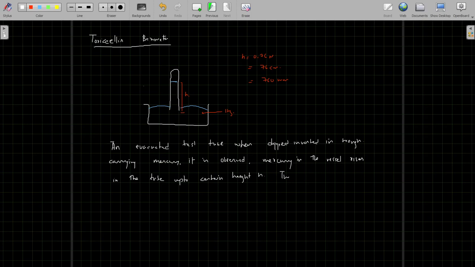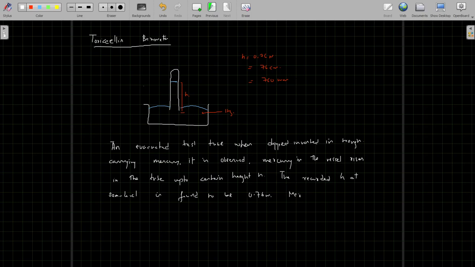The recorded h at sea level is found to be 0.76 meter, or 760 millimeter.